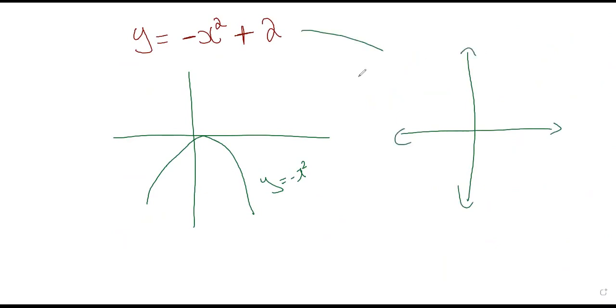Let's plot for this. Now when we have x equals 0, this is the y-axis. At the y-axis, we have x equals 0. When x is 0, y would be 2. So our graph would pass through this point, and it would go like this.